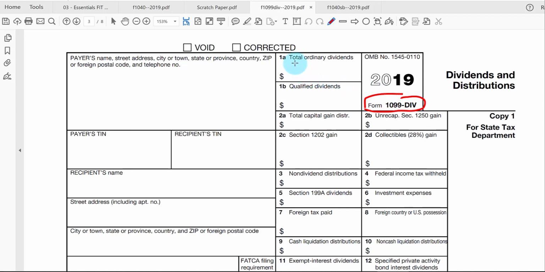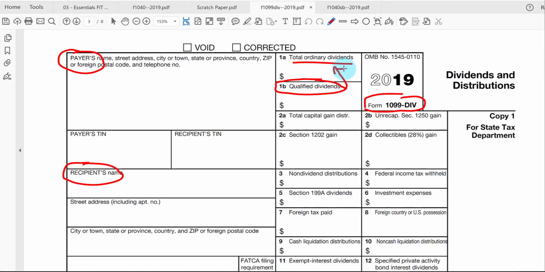The two main boxes is this one called ordinary dividends. Basically, that's all of the dividends being distributed by the corporation, this paying corporation, to this recipient taxpayer during the year. Included in this ordinary dividend is qualified dividends. All qualified dividends are also ordinary dividends.